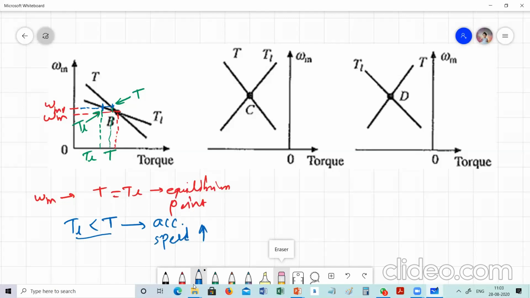Speed will further increase. Means the machine operation is shifted away from this equilibrium point. म्हणजे त्यापासून दूर दूरच चाललंय, ते जवळ यायलाच तयार नाही. Means we can say that it is an unstable equilibrium point.